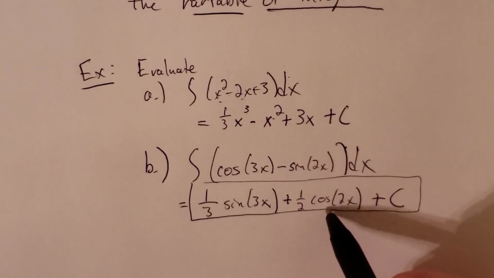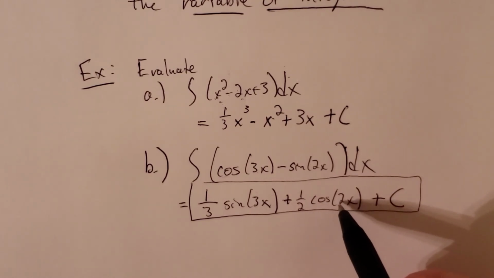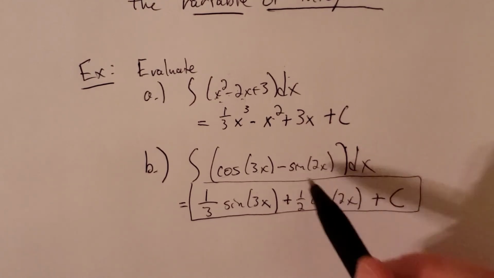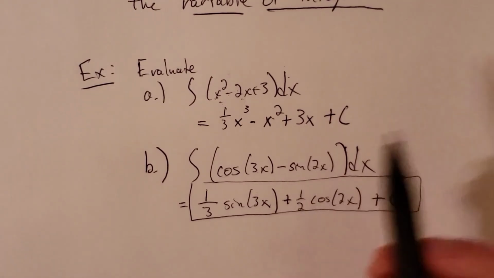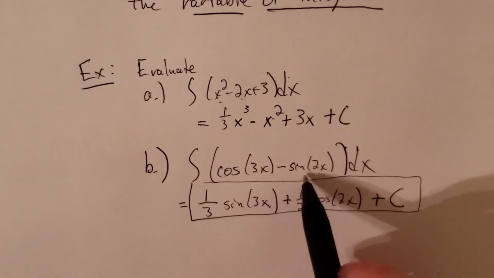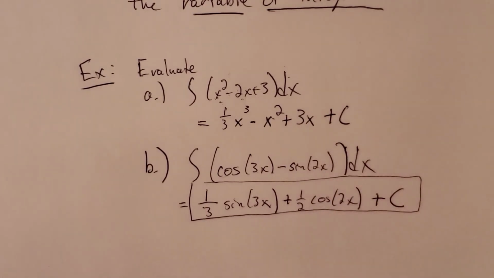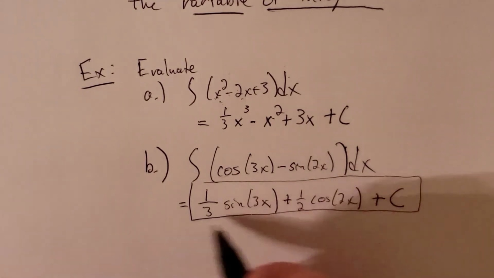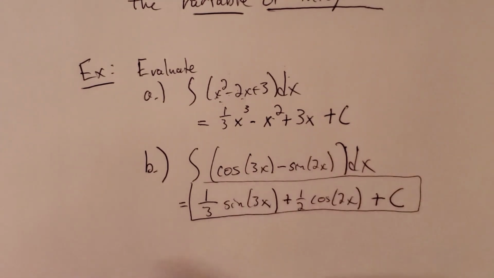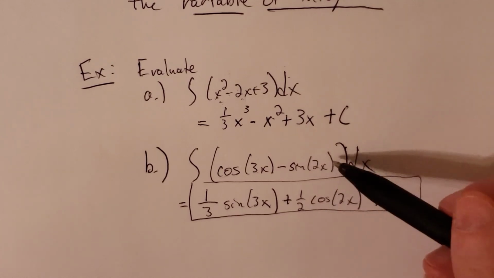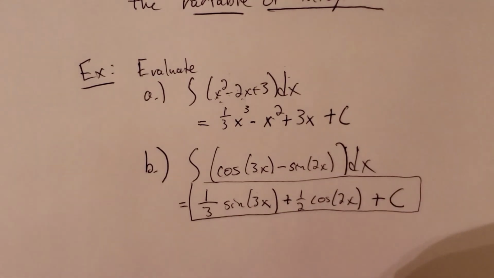If we take the derivative of cosine of 2x, that is negative 2 sine of 2x. So negative 2 times the 1/2 just becomes a negative 1. And so we do, in fact, get negative 1 sine of 2x. And the derivative of c is 0. So once we take the derivative of this, we get back to here, which tells us we were correct in our antiderivative calculation. All right.